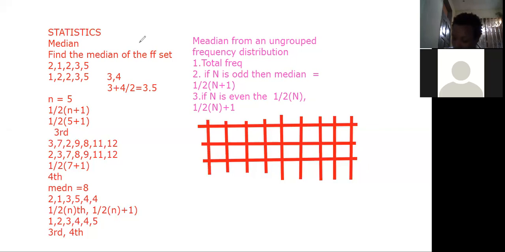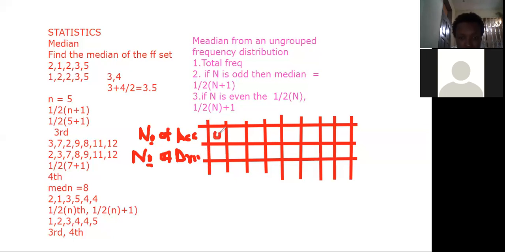So the first one is the number of accidents. This will be ACC. The next one will be the number of drivers, in other words, the frequency.